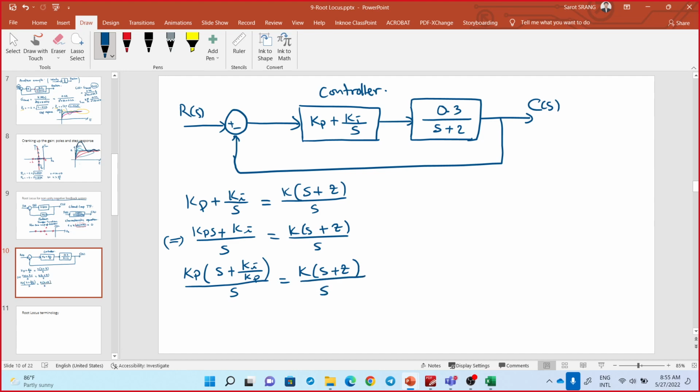So this means K equal to Kp, and Ki is z times Kp. Because this ratio is z, so Ki is z times Kp.